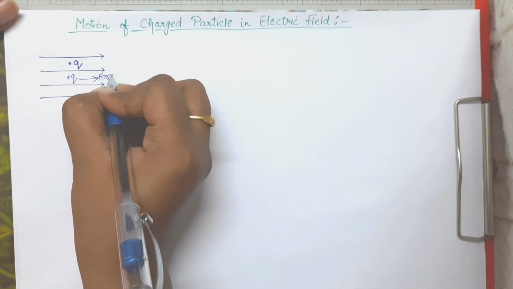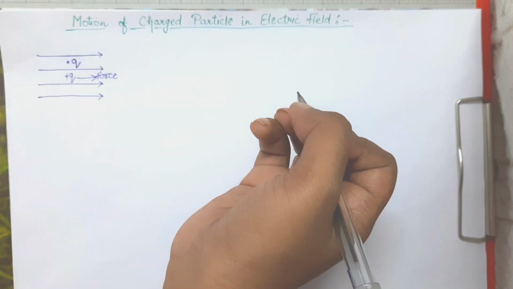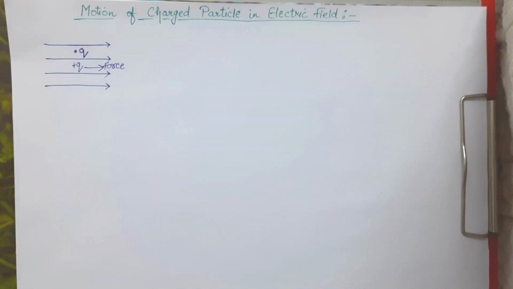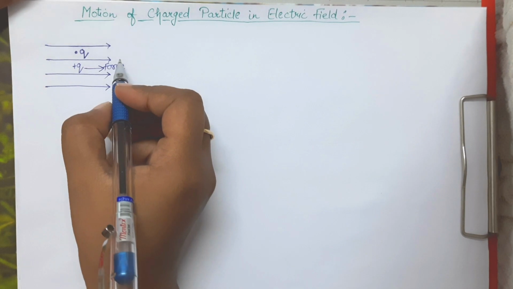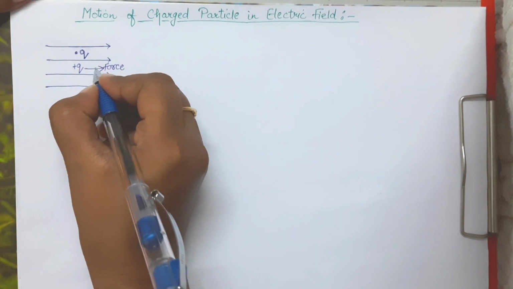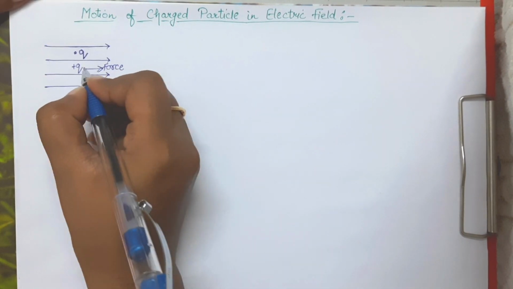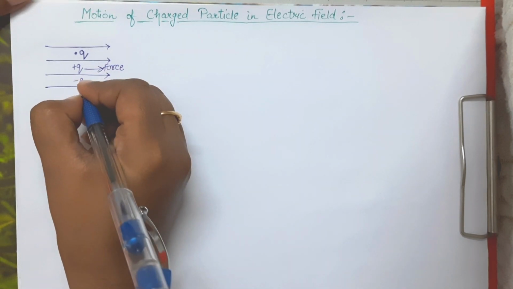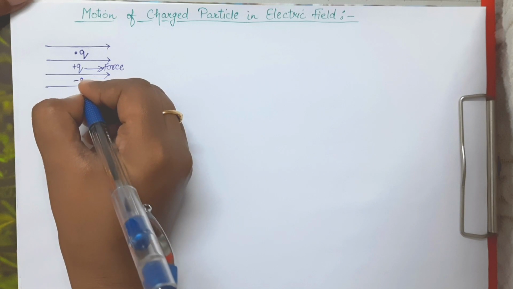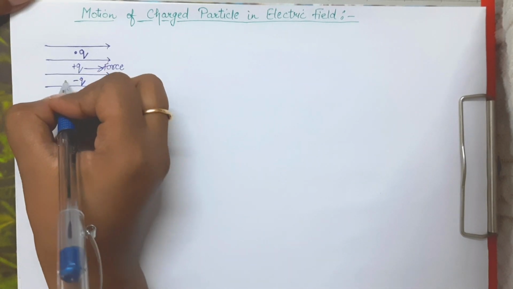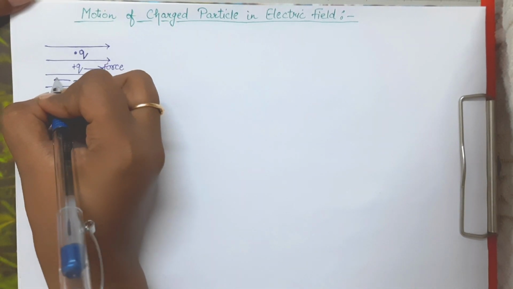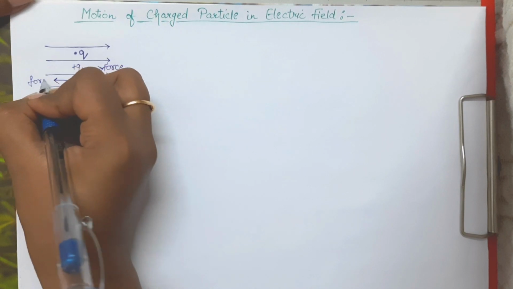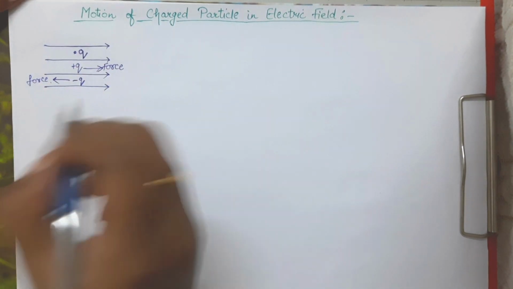This will be the direction of force, because this is a positive charge and a positive charge feels the force in the direction of the field. If we are placing a negative charge, then this negative charge will feel a force in this particular direction, opposite to the direction of the field.